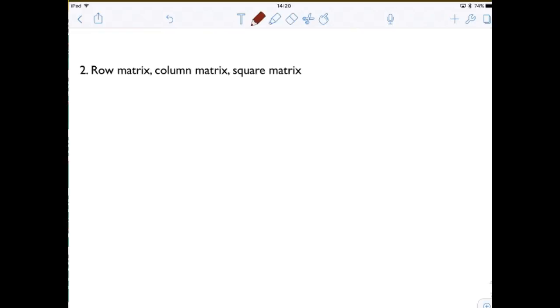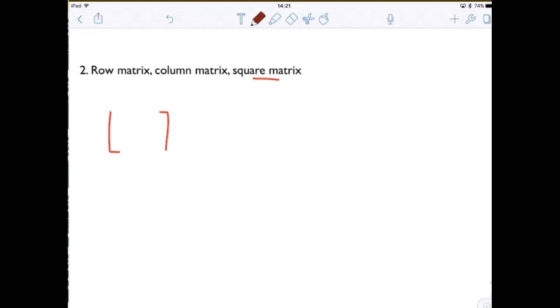What is a row matrix? What is a column matrix? What is a square matrix? Well, like we said at the beginning, a matrix is like a rectangular table of numbers. And a rectangle can be a square, right? So one of the possible matrices is a square matrix. A square matrix is just how it sounds.